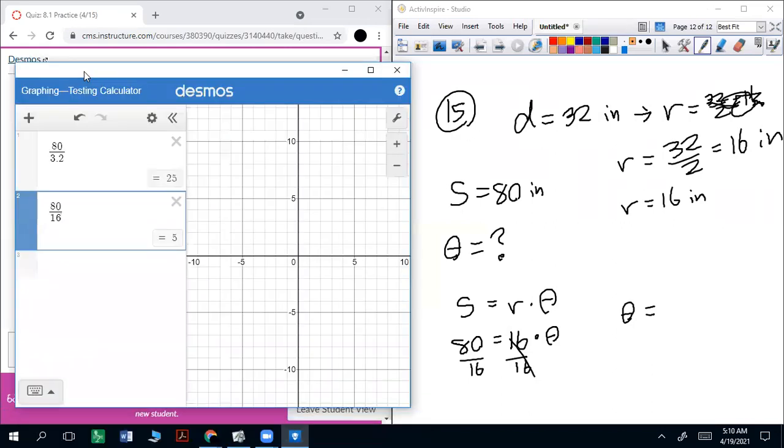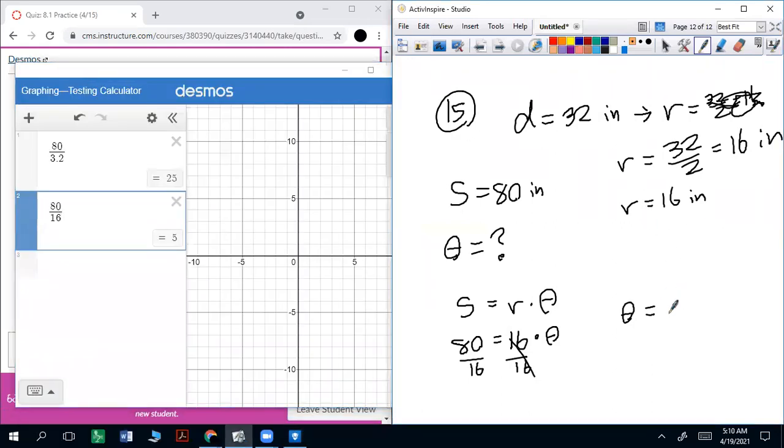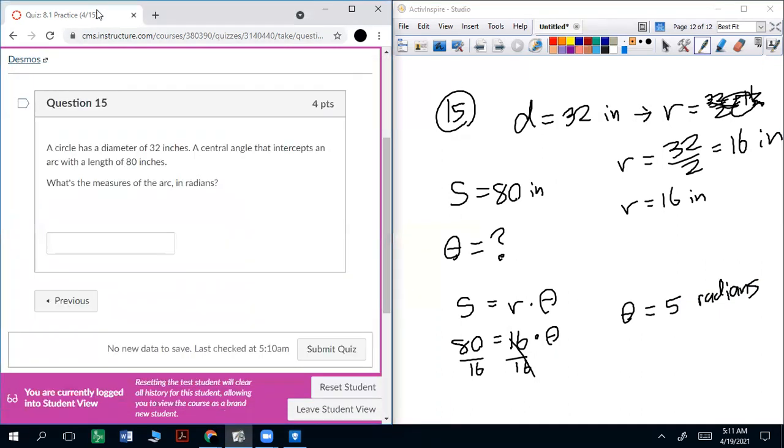So your radian measure is going to be 5 radians. And that's it.